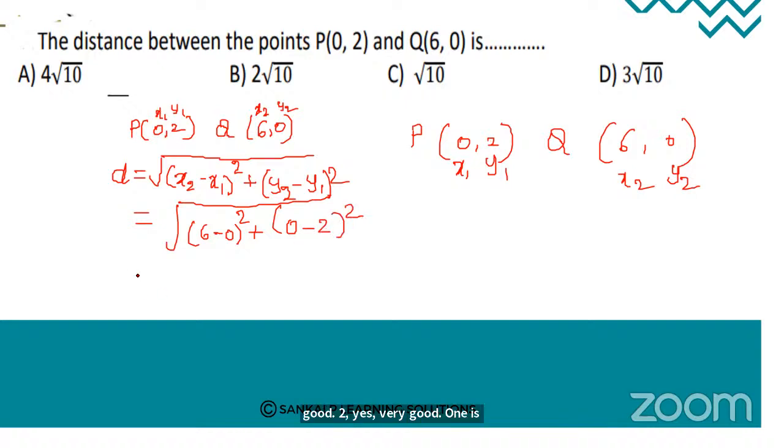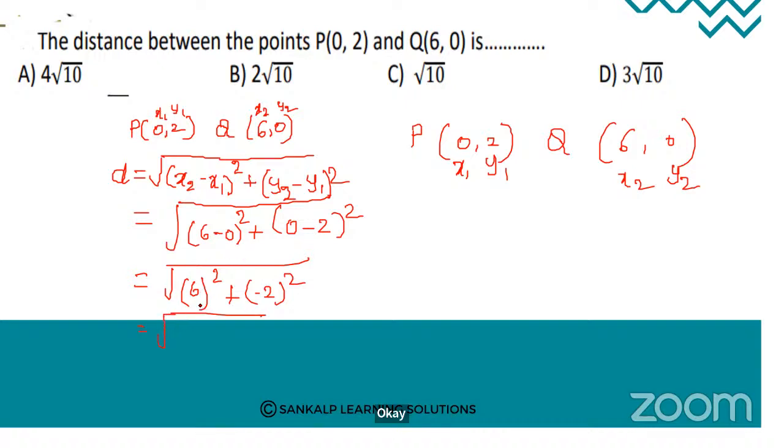Whole square. ಇಷ್ಟೇ ಇದೆ. ಈಗ 6 minus 0 ಎಷ್ಟಾಗತ್ತೆ? 6 minus 0 it is 6 whole square plus 0 minus 2 it becomes -2 whole square, right? ಈಗ 6 square means 6 into 6.